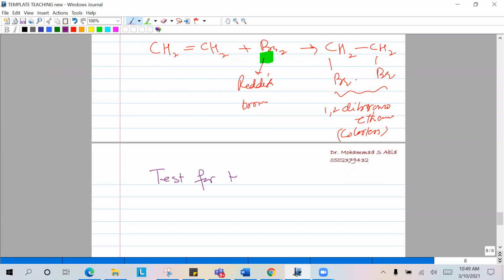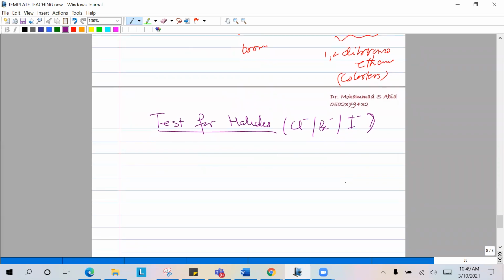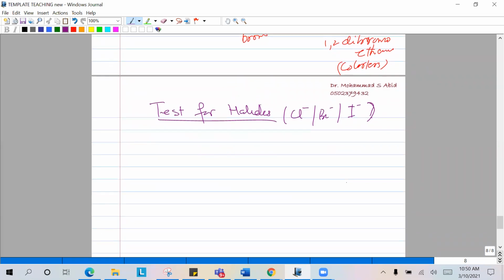Test for halide means you are testing for chloride, bromide, or iodide. That's the most common examples which we take, and it is also mentioned in your specification. Fluoride we don't take, very reactive. And astatine we don't take because it is radioactive, not used commonly in the labs.